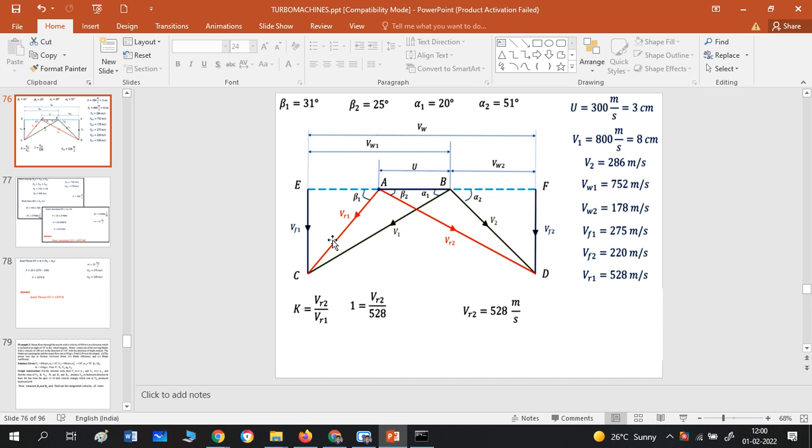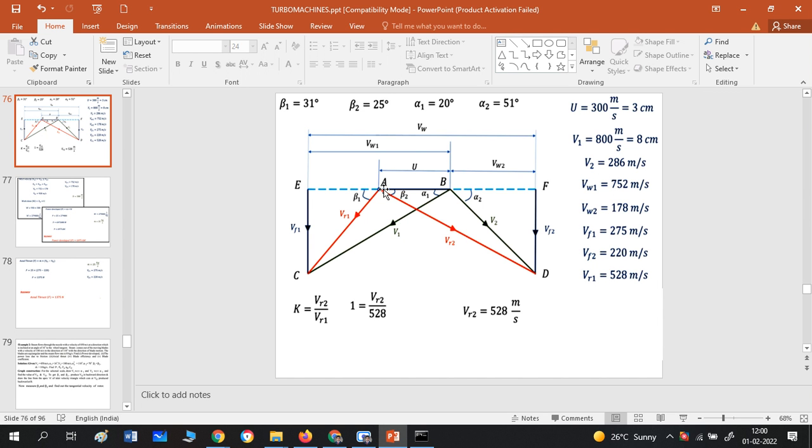Once you find out VR2 or VR1, both are the same. So from the graph, how to find out? Indirectly we know point A here because u is given in the problem. So AB distance is known. B, already we have drawn one line here. But from A to C, which line joins?